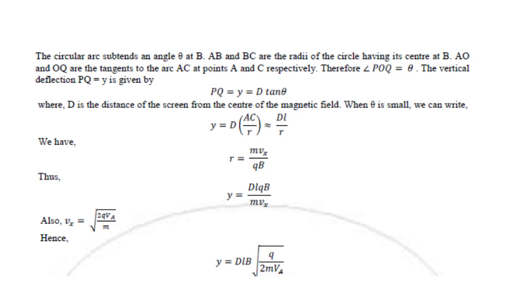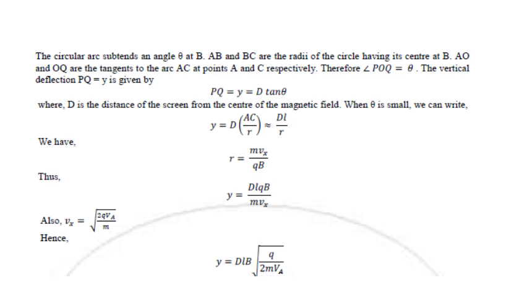Using this, we can calculate YQ, which is Y equal to D tan theta. D is the distance of the screen from the center of the magnetic field. If theta is small, you can write Y as arc upon radius. So theta is AC upon R, or L upon R, and Y is DL upon R.